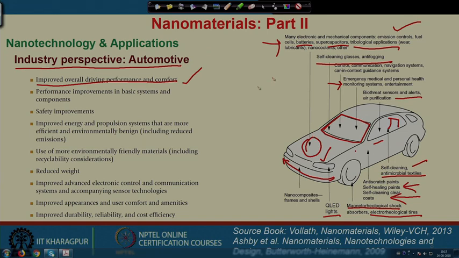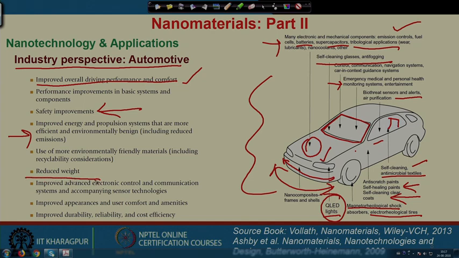So, this is a very wide range of application areas that one can think about, and people from an industry perspective always think about the safety requirement. From such nanocomposites or frames and shells we can improve the car performance. We can improve energy efficiency using LED lights, reducing energy consumption.